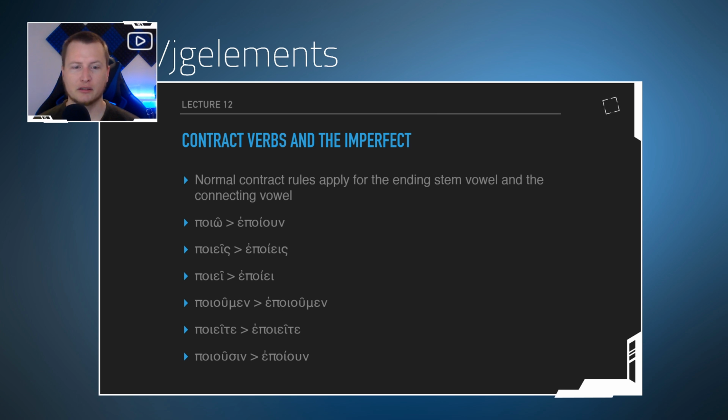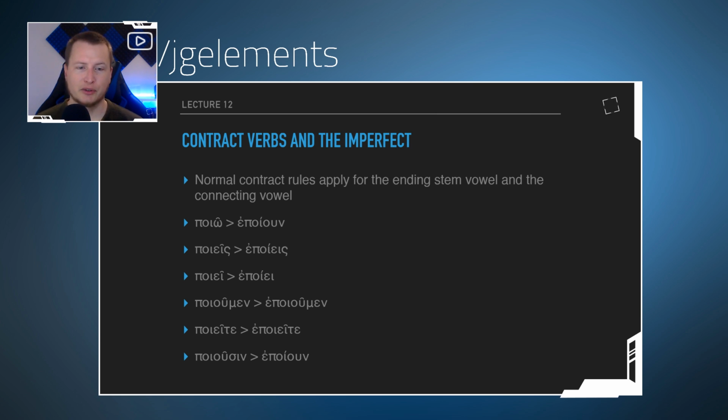Second person singular, epoieis. Third person singular. And the reason why the iota is there, an epsilon plus an epsilon is a crab with a hook, right? So epsilon iota contract.